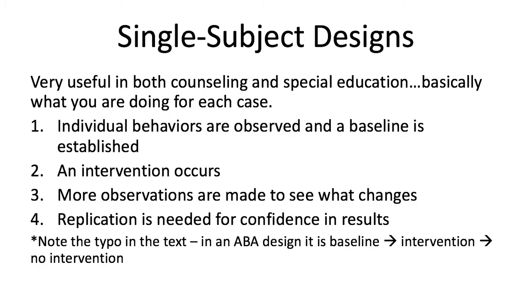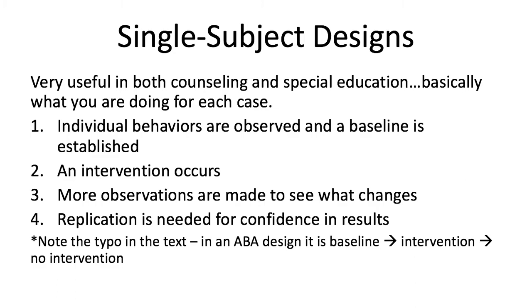So just looking at one person doesn't really allow you to make claims about a causal relationship, because there are so many other factors, threats to internal validity, that were likely going on. If you can repeat this with multiple people, though, you can start making a case that the intervention is actually effective.